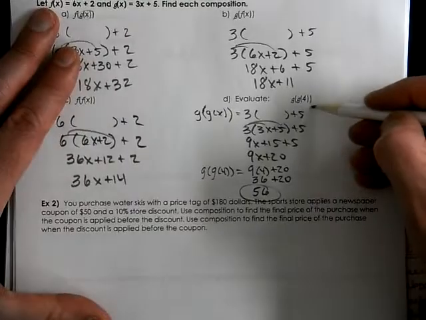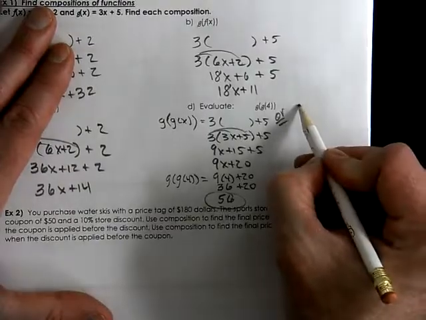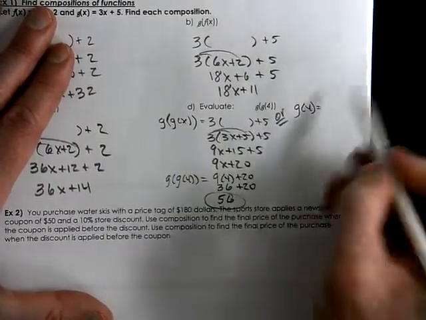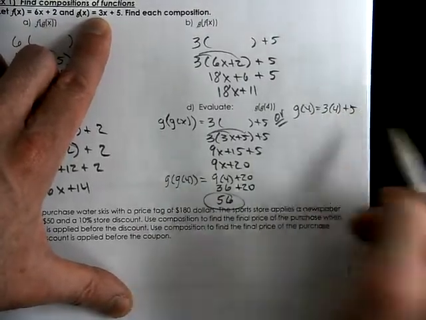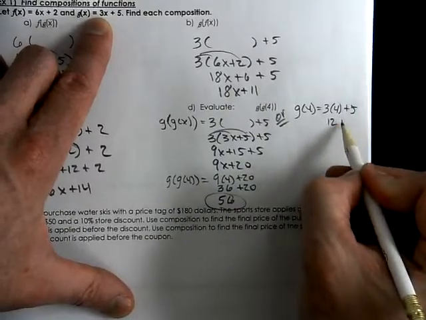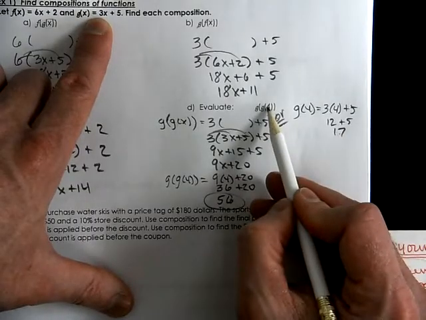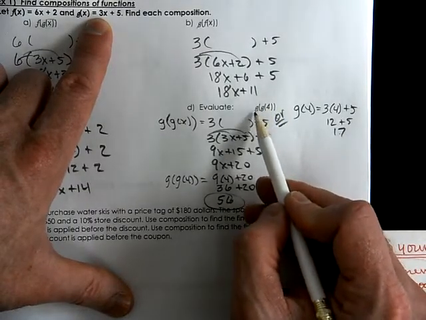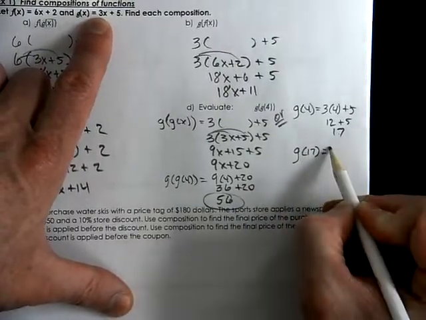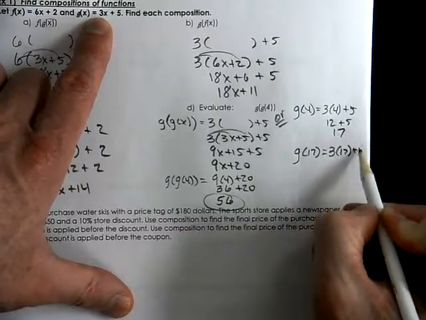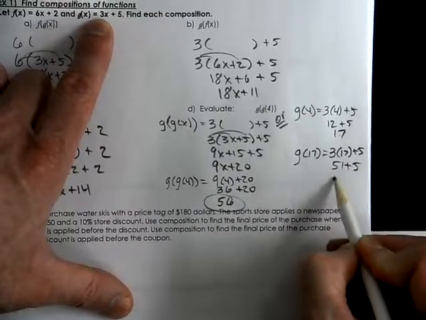The other method that you can do, or you could figure out what g of 4 is. G of 4 is 3 times 4 plus 5. That's 12 plus 5, which is 17. Then we're going to plug the 17, the g of 4, into the g function. So now we're going to do g of 17, which is 3 times 17 plus 5. That's 51 plus 5. Look at that.